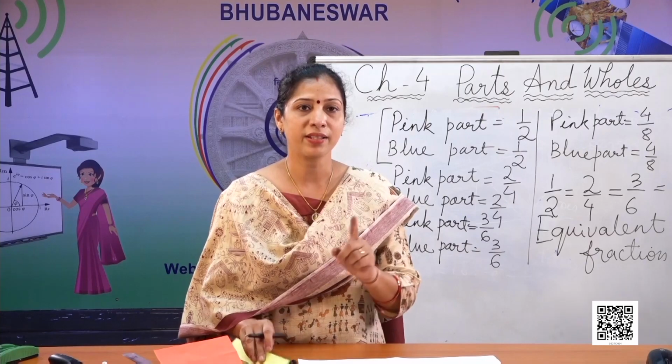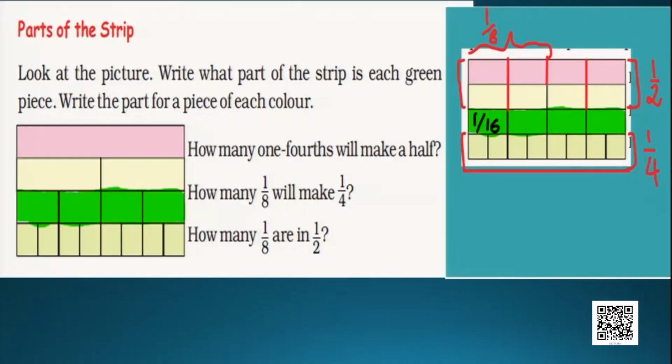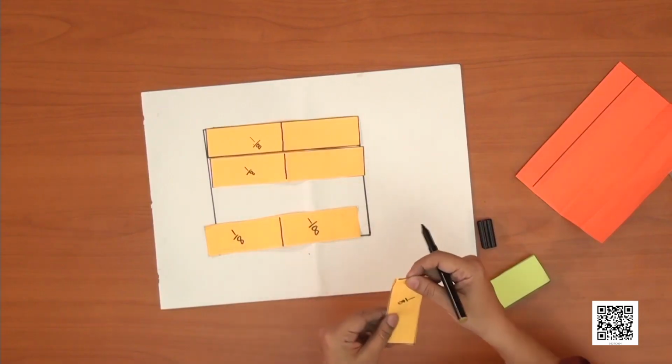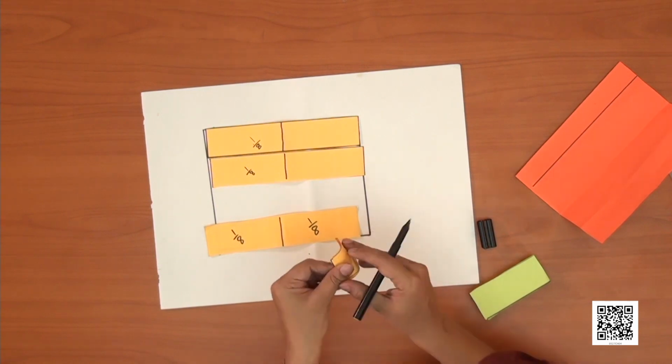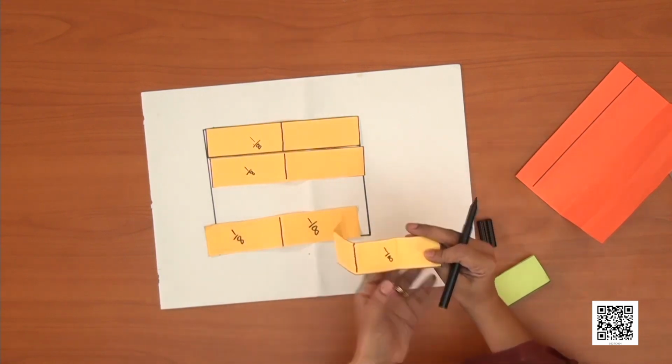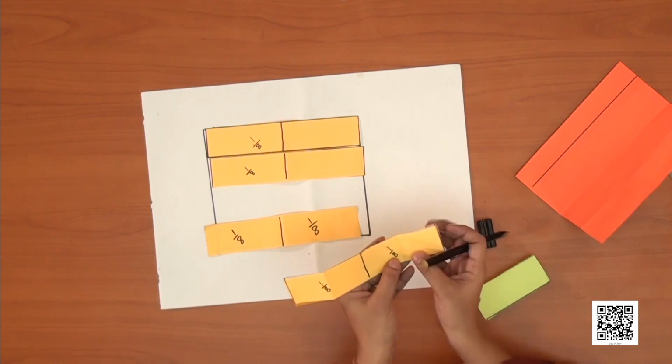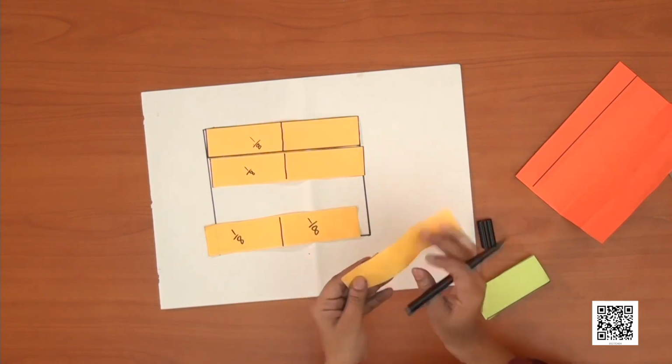And the next question is, which part of the strip is each green piece? Now you can see in your figure that it is further divided into 4 parts. So this is 1/8 and 1/8, and here this 1/8 is again divided into 4 parts.